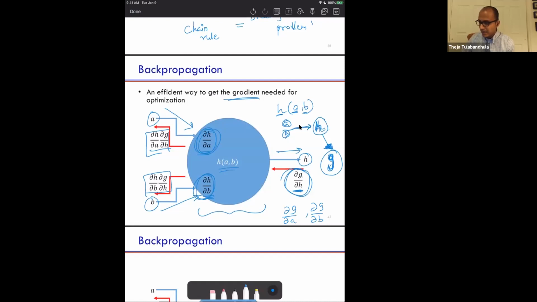Maybe it's A plus B. If H is equal to A plus B, then the gradient of H with respect to A is 1, and the gradient of H with respect to B is also 1. If you know the local gradients, you can take the incoming gradient from your successor node and multiply them together, and you'll get the gradient of G with respect to A. And this multiplication is essentially the chain rule.